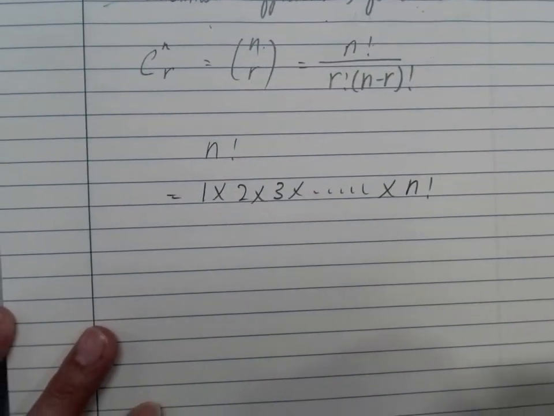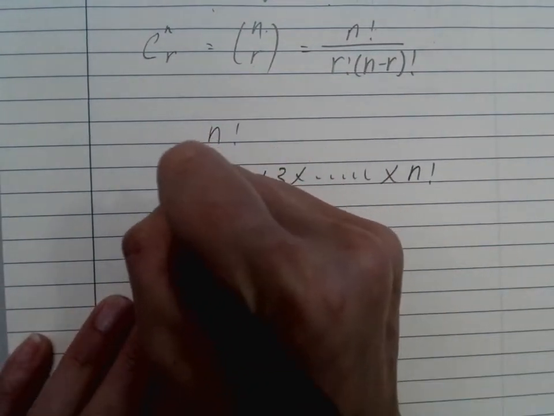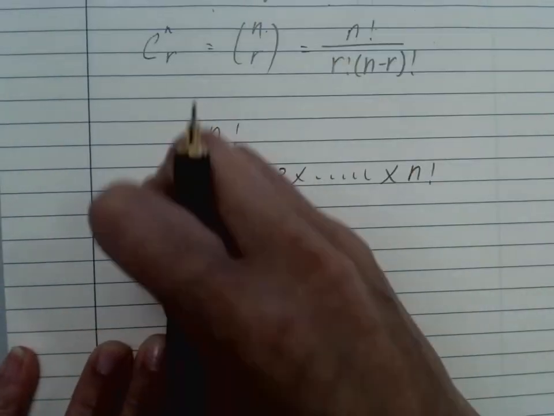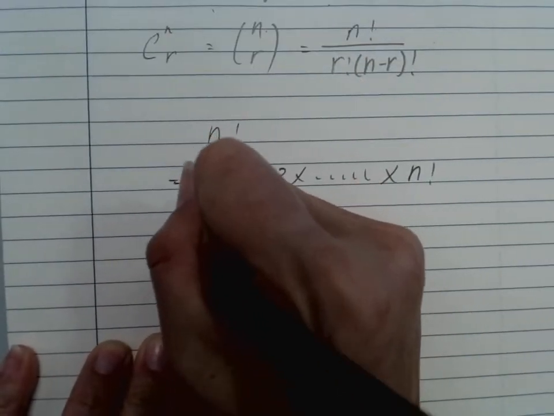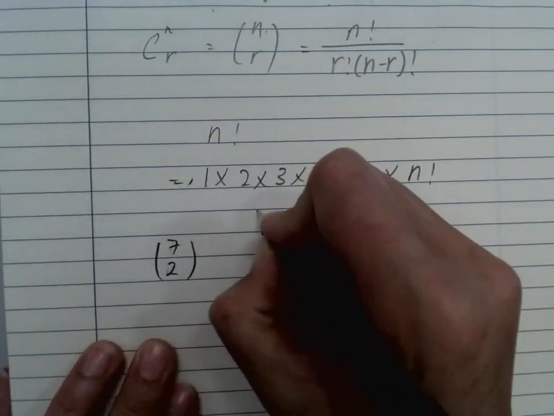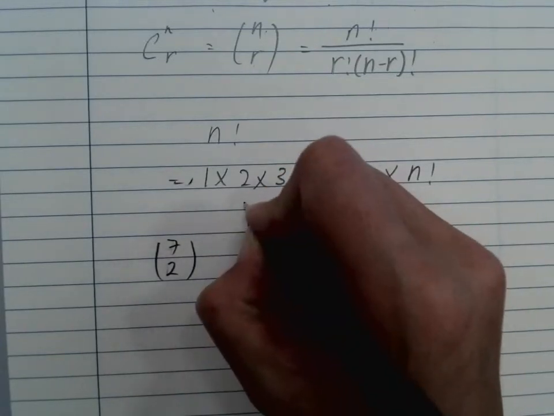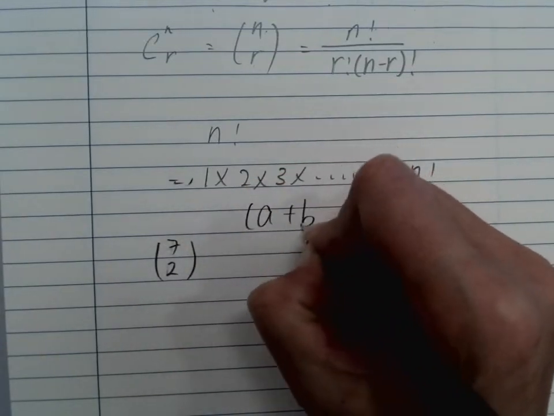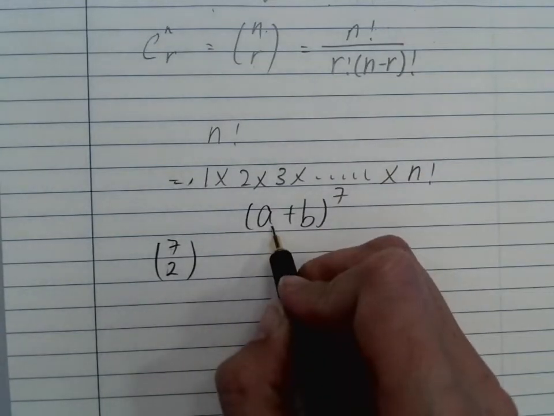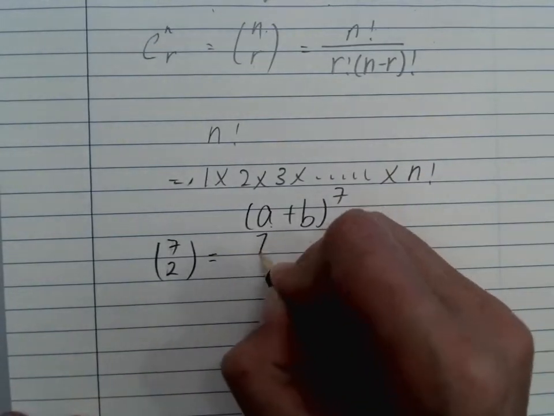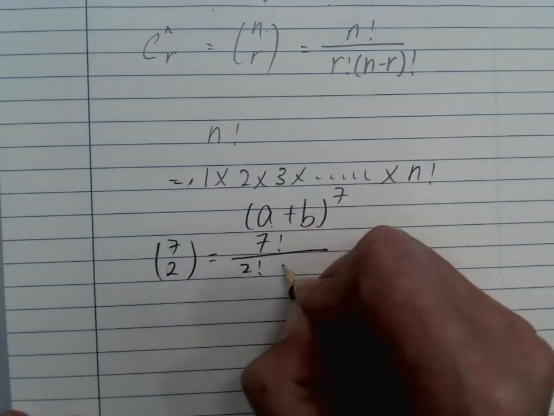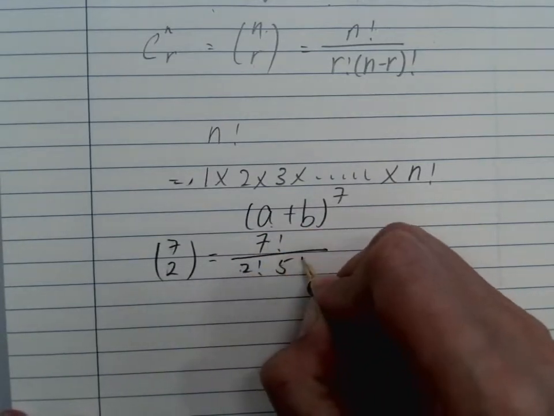Say, for example, if I want to find 7C2, which means the second term of the power, so (a plus b) to the power 7, which means the third term, because we count from 0, 1, 2. All right, for that case, we'll use factorial. 7 minus 2 is 5.